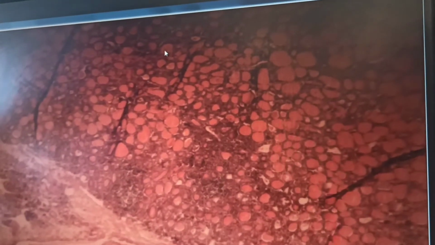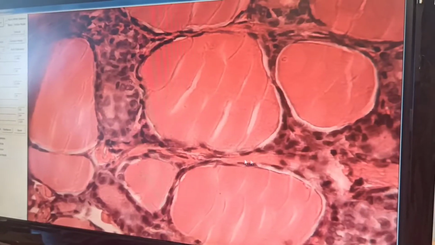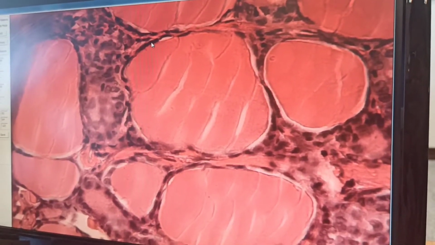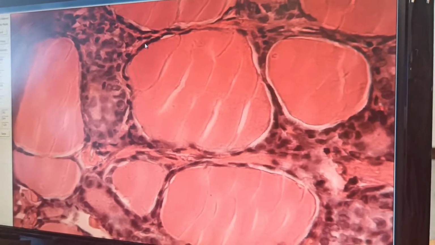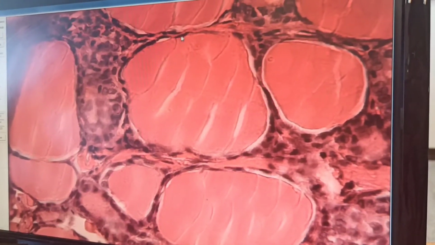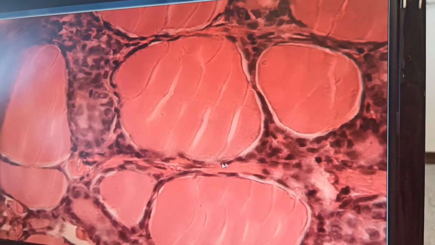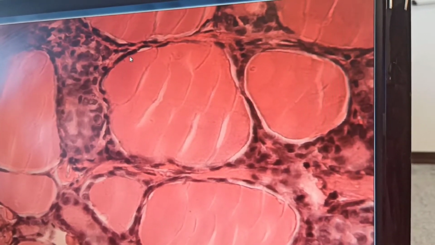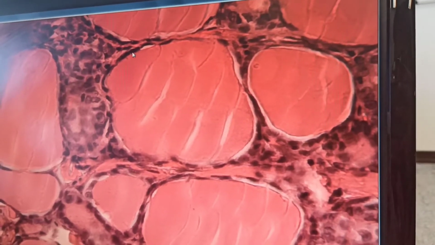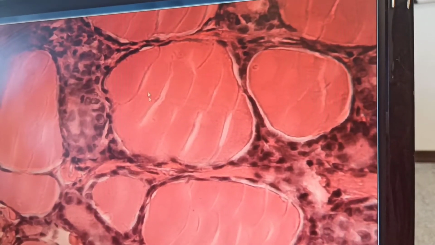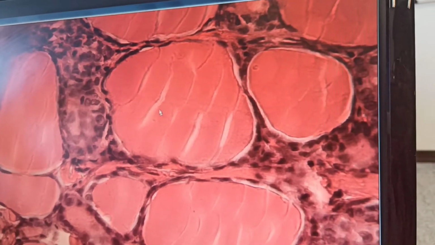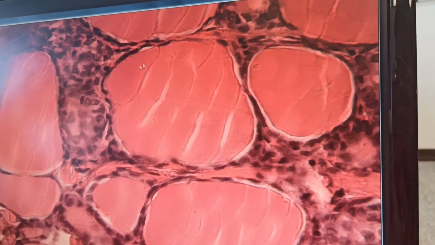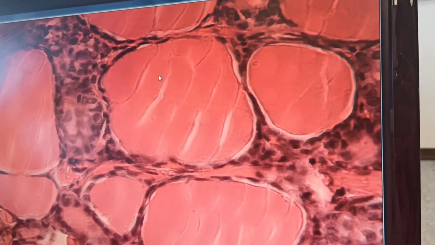Every follicle, and every single cell here is called what? Follicular cells. This is simple cuboidal epithelium, and each cell is called a follicular cell. These follicular cells secrete hormones and make the pink fluid here, called colloid.